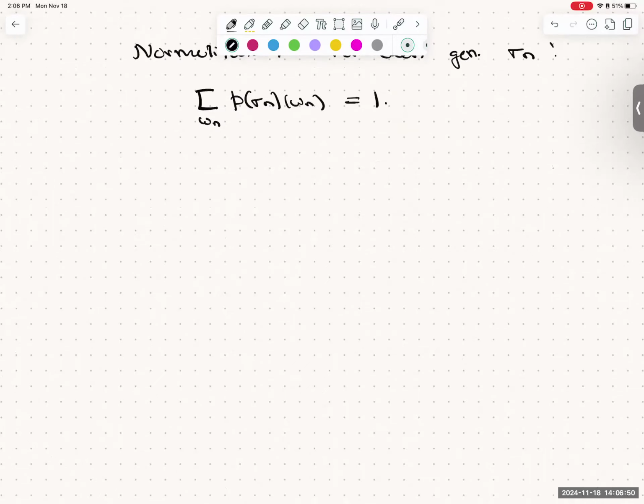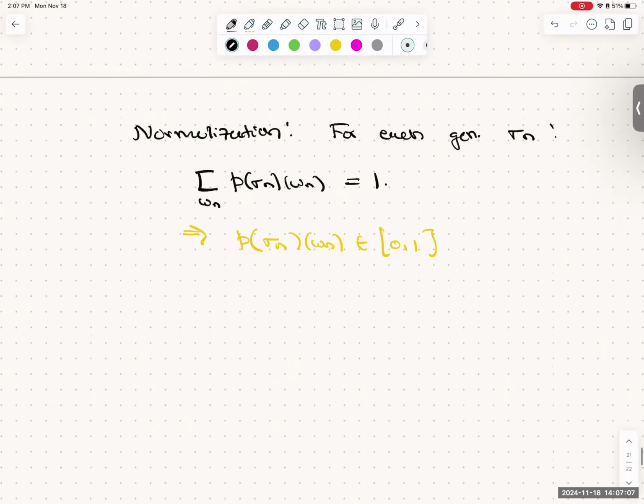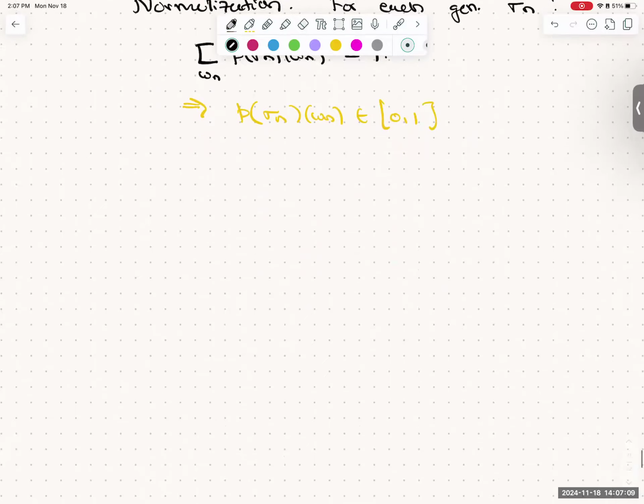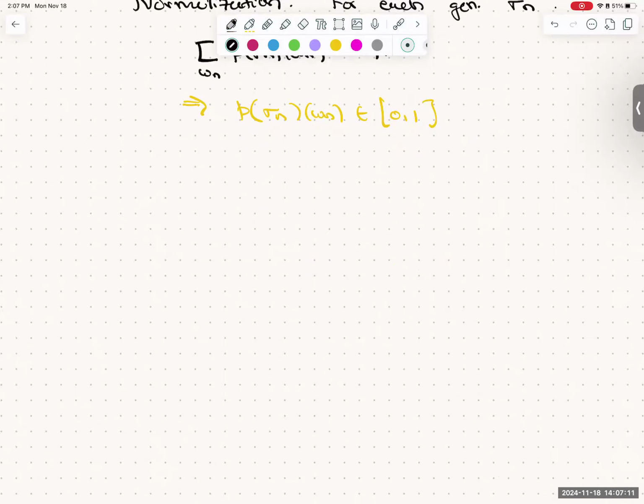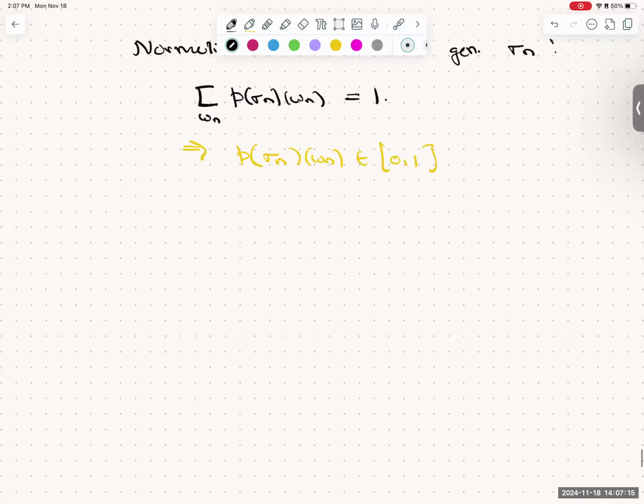So this forces each P of sigma n, omega n to be in 0 to 1. I think that's pretty clear. So this bounds the coordinates. So now we actually have a convex polytope.